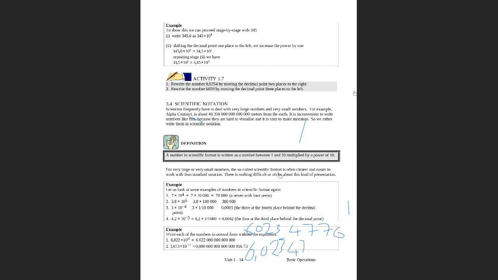If you don't write all the numbers, you distort the numbers. So here we go: 1, 2, 3, 4, 5, 6, 7, so it will be times 10 to the power 7. Am I explaining myself to you?